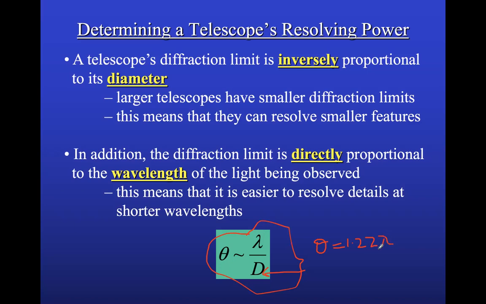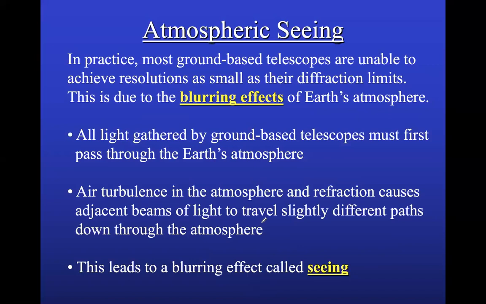In fact, this is the exact correct equation, but as an approximation, we use the approximation mark here and remove the 1.22. Both are correct. This is just to make it easier for you to remember by removing 1.22, but having 1.22 is actually good, and that is also correct.